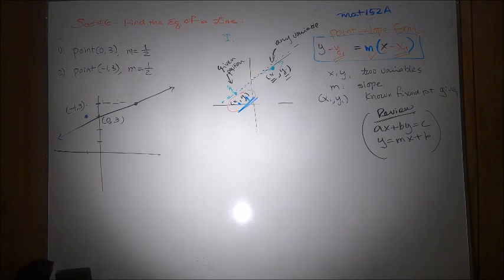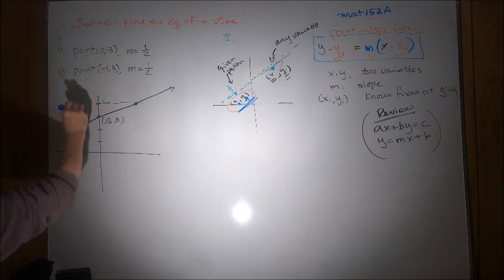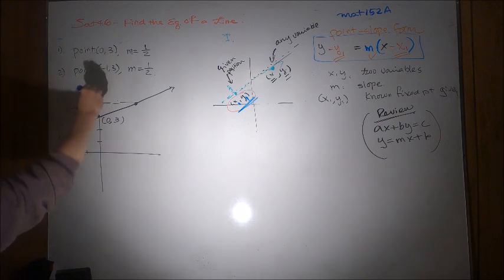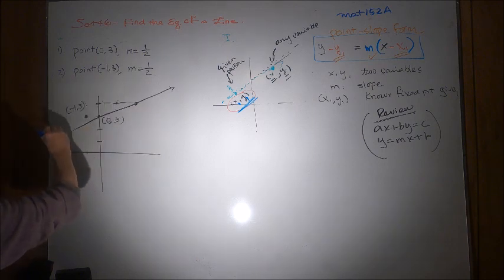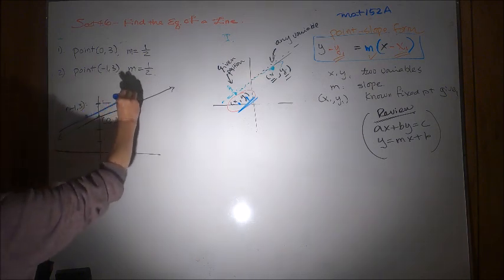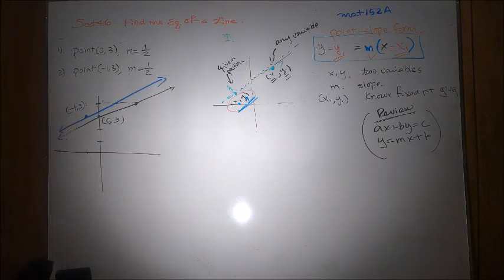And the second line would be what? Rise 1 over 2 would be like here. So the second line would be like this. They are supposed to be parallel. They are different lines, right?